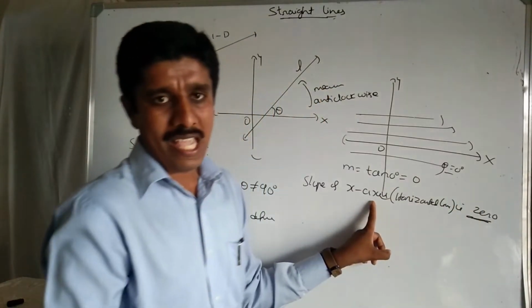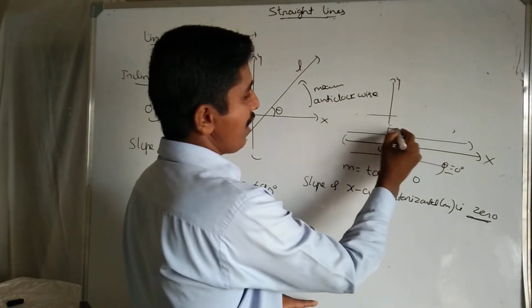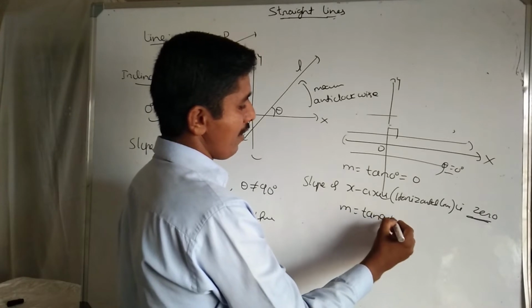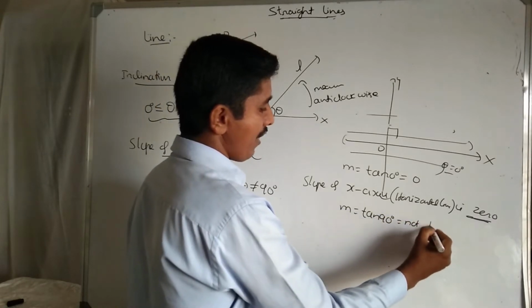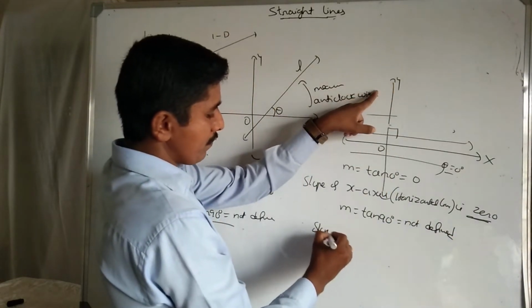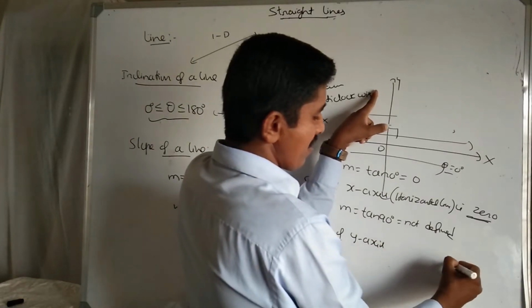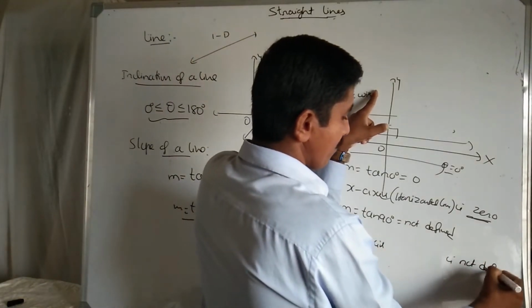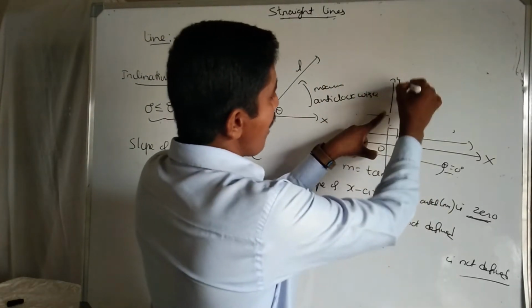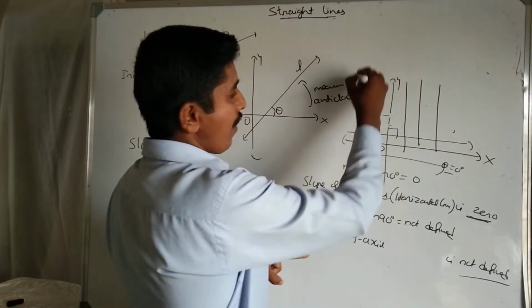Very important. And what is the slope of the y-axis here? Theta equals 90 degree, m equals tan 90 degree, not defined. So slope of the y-axis is not defined, or any line parallel to y-axis, these are all vertical lines.